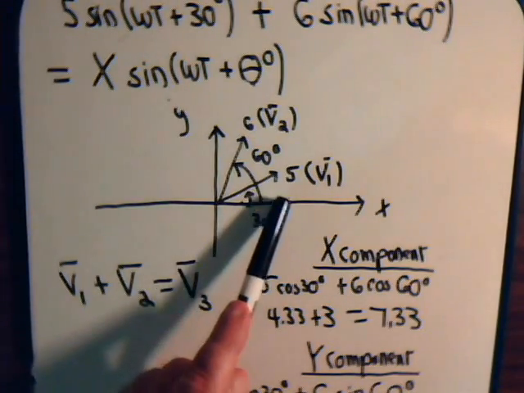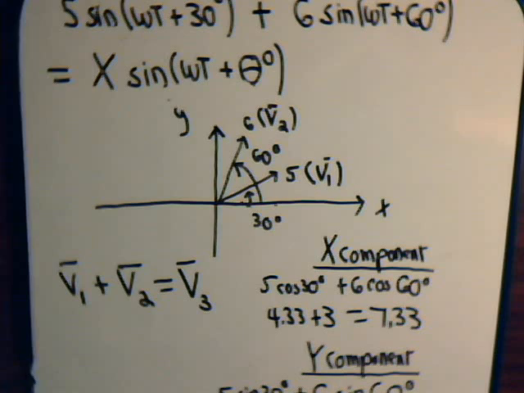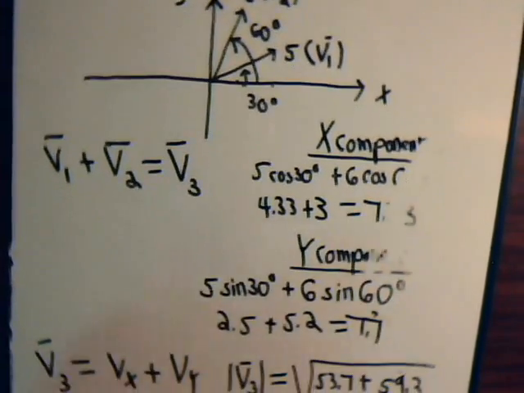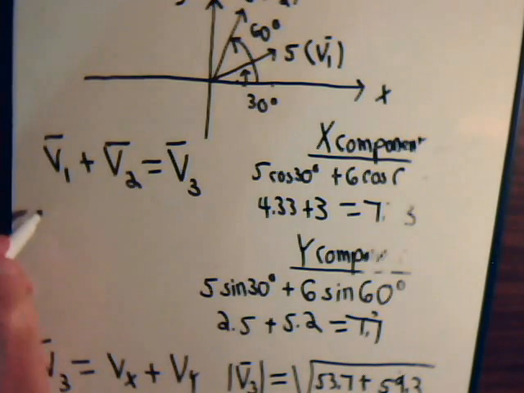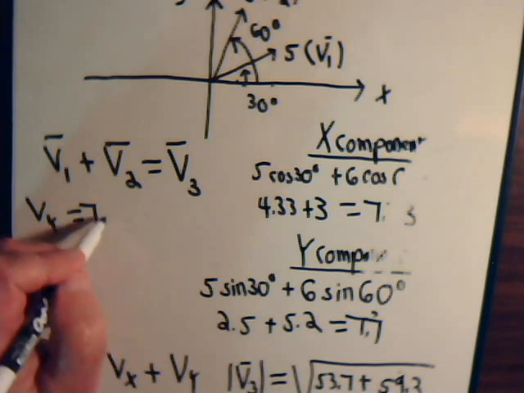Now we need to know what angle it makes with the x-axis. That's going to be its phase angle. So let's make some room. We know its magnitude, that's 10.63. Oops, can't erase yet. Vy equals 7.7.